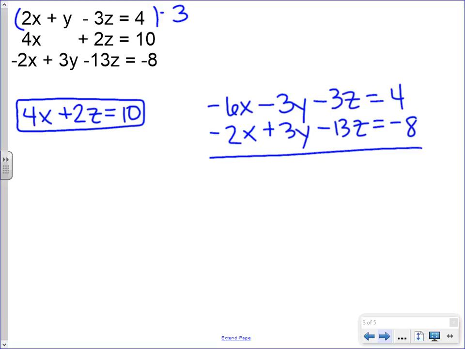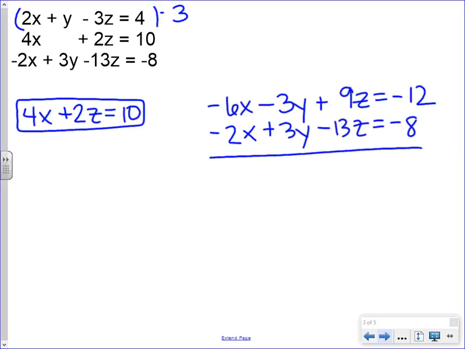So, yeah. It should be a plus 9z on the top equation. And that, ladies and gentlemen, is how easy it is to make a mistake during these problems. You get going, and you forget you're multiplying by a number, okay?